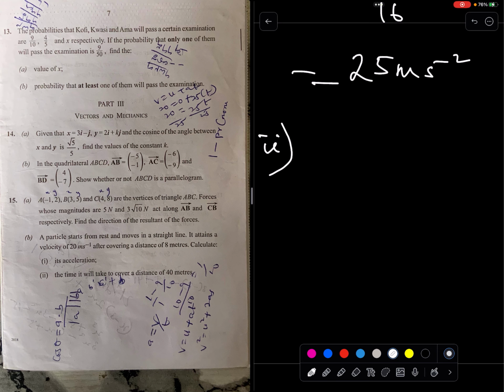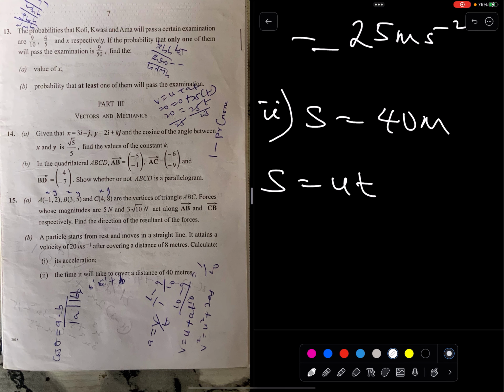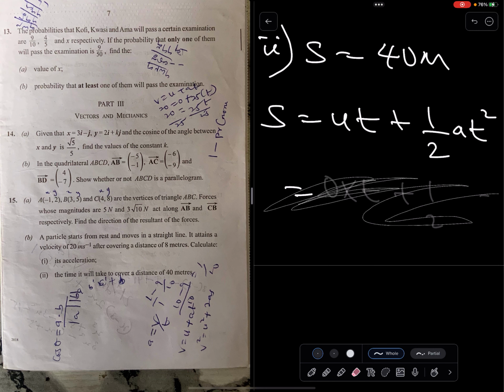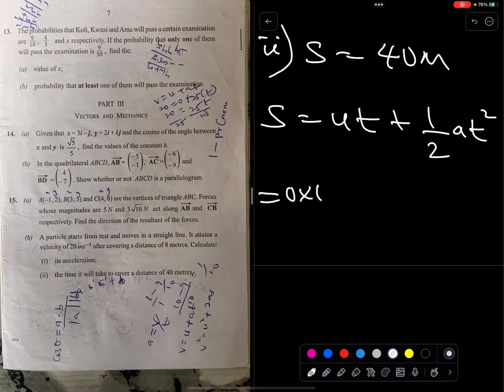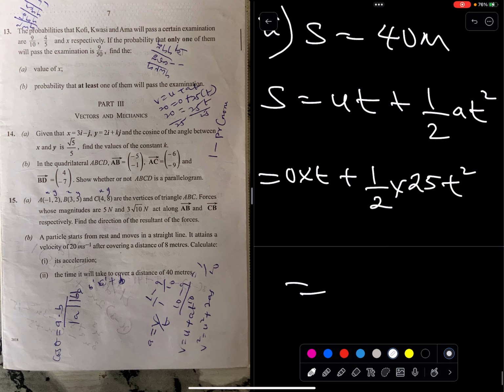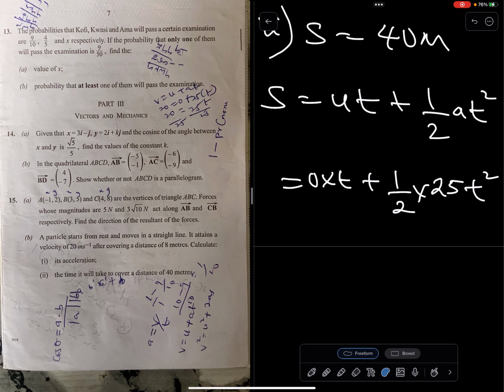Now Roman figure 2 says calculate the time it will take to cover a distance of 40 meters. Now s is 40 meters. And the formula we are going to use here is s equals ut plus half at squared, which simply means 0 times t plus 1 over 2 times 25t squared.